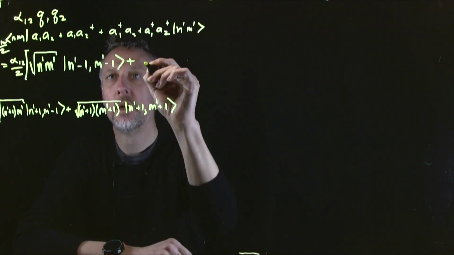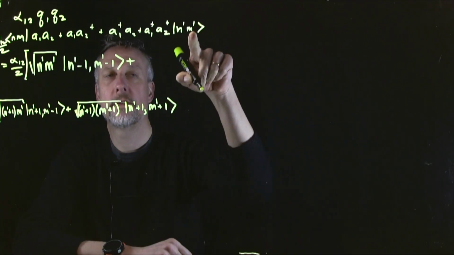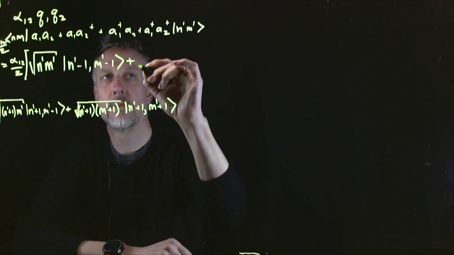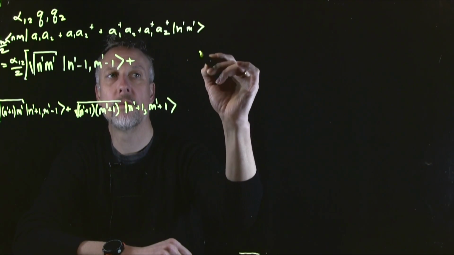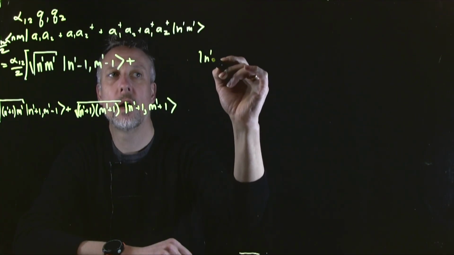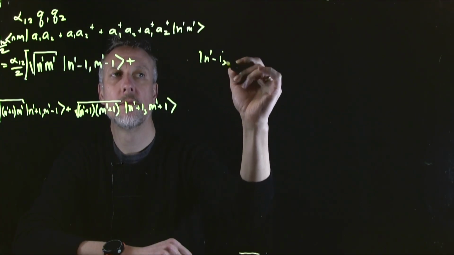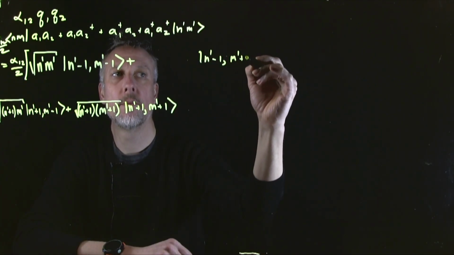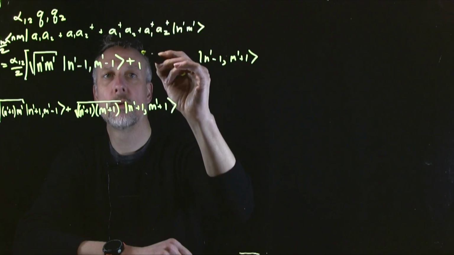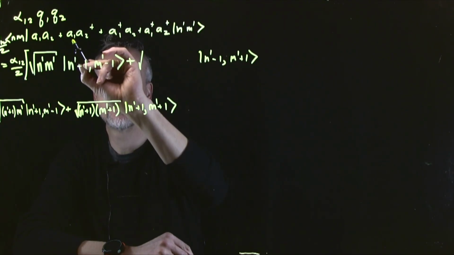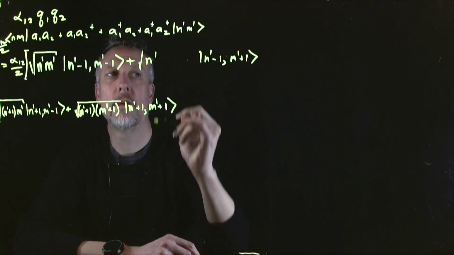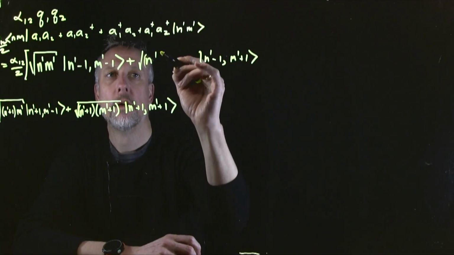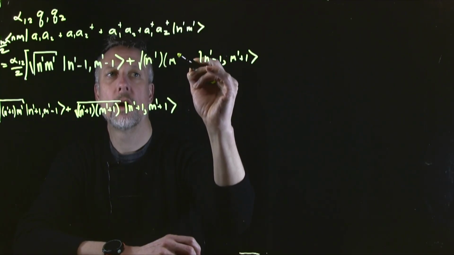And then the second term: A2 makes M' go up, and N' goes down. So N' minus 1, oops, and then M' plus 1. Then the square root part is going to be on the N' because it went down, and then times M' plus 1.